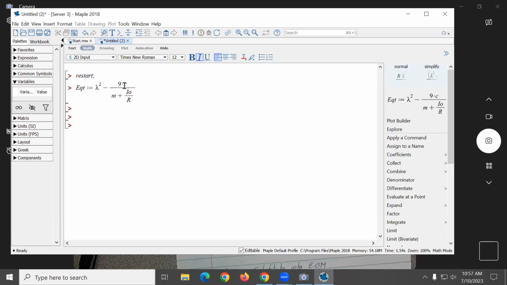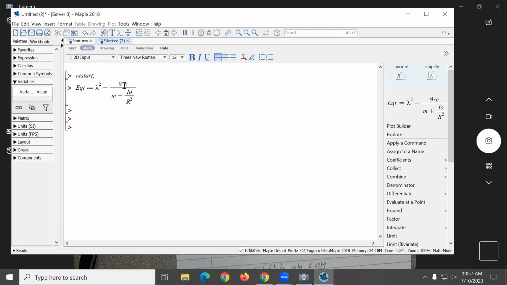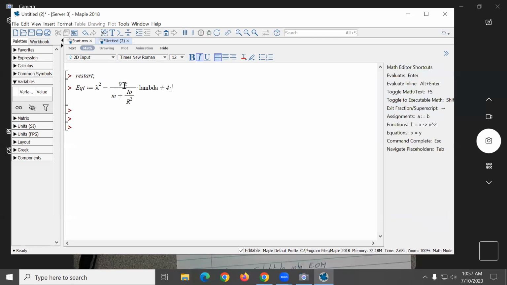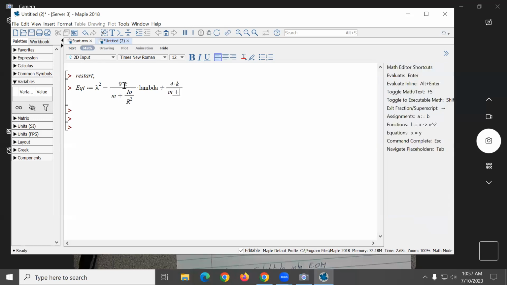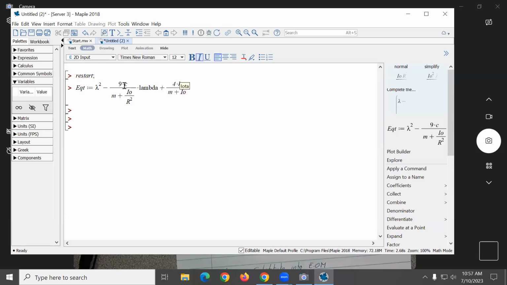Don't call it just I because you might think it's an imaginary number. Times lambda plus 4 times K divided by M plus I naught divided by R squared. Probably MATLAB would have been faster this time, but it's fine.